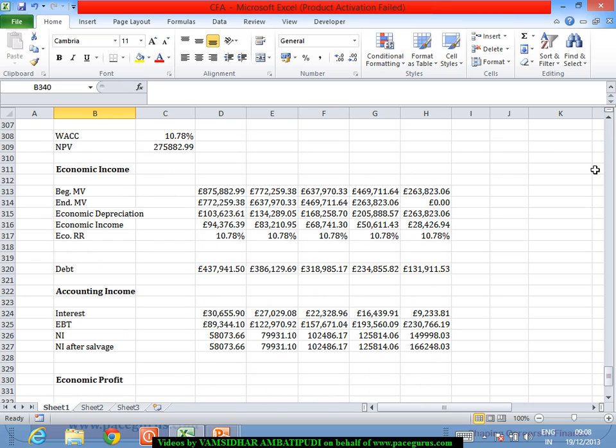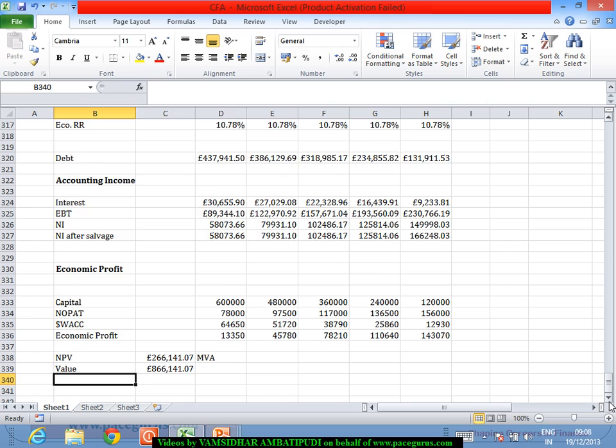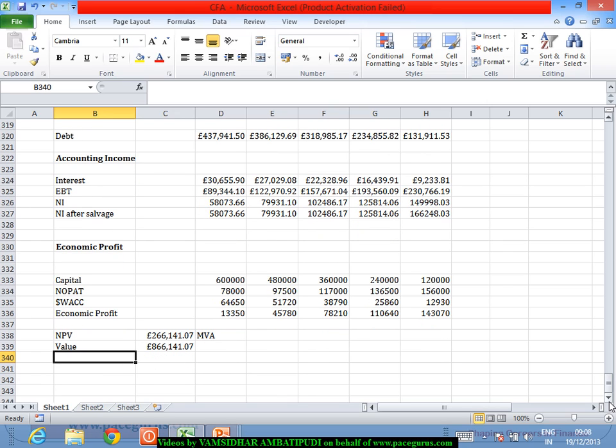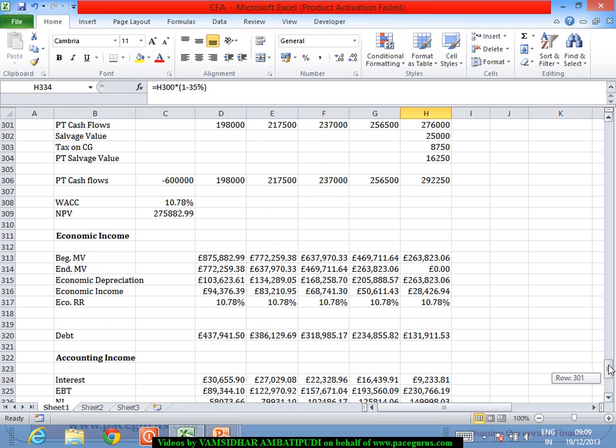Here the NPV is coming out to 275, whereas for us it is working out to 266. Actually it should come out to be the same. What has gone wrong? Alright, in this year, when I am computing the net operating profit, I should also include the salvage value.